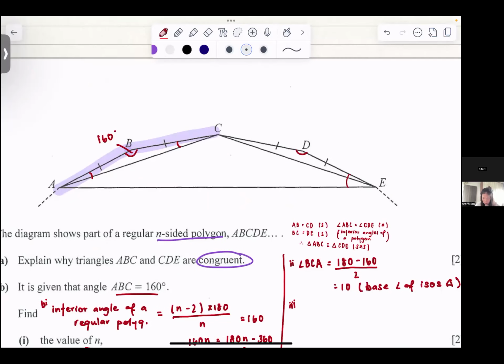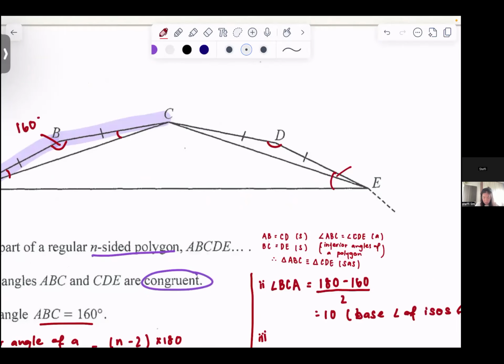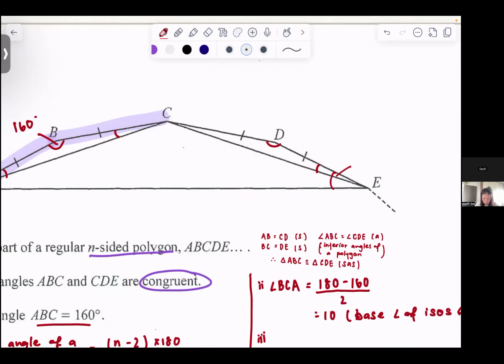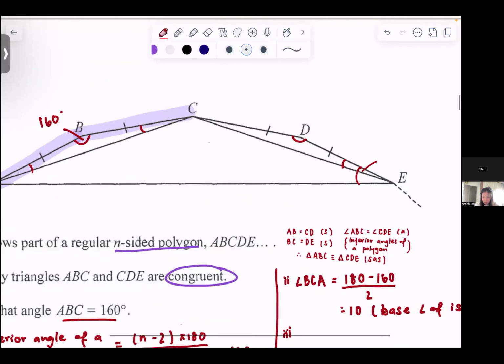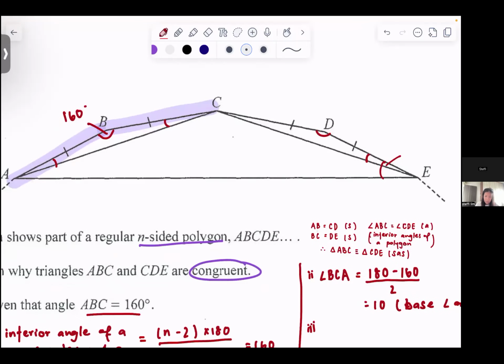This is the isosceles angle which we have already found, DEC, and they want you to find CEA. So how do I find CEA?